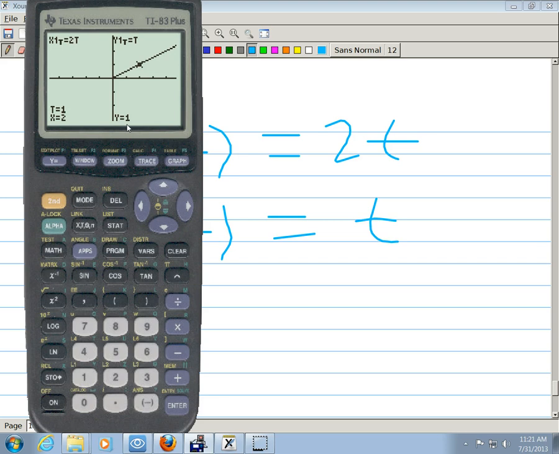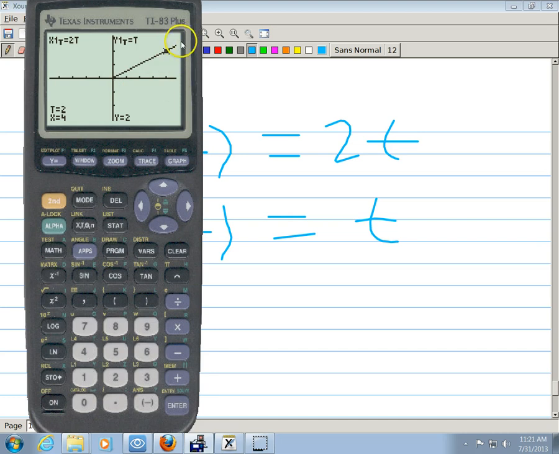Right? 2i plus 1j. So x and y are each independently a function of a third parameter t. So when t is 2 seconds, the displacement vector is at 4, 2. It's showing me where the ant is. It's pointing from the origin where it started to where it is at t equals 2 seconds.